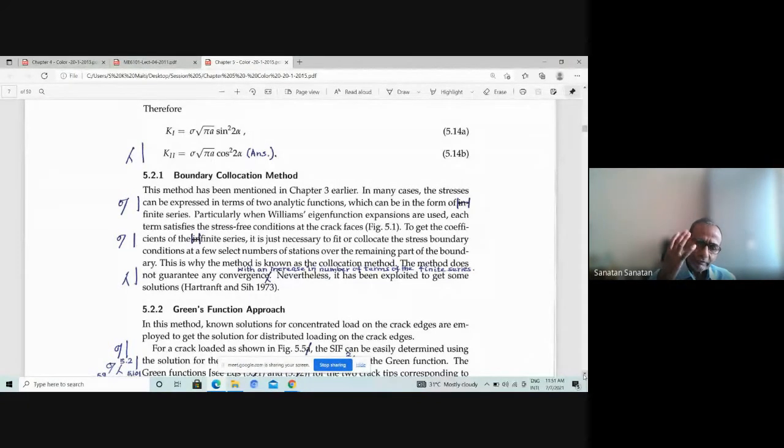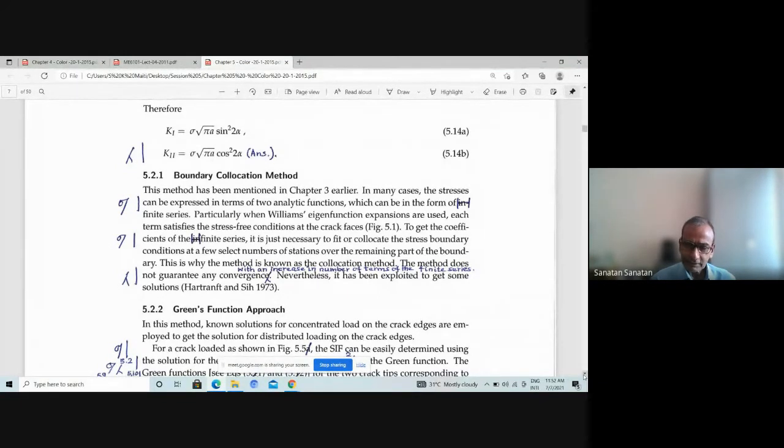So you get that expansion and then use the value of the normal and shear stress and write the simultaneous equations to evaluate the arbitrary constants. So first you get the stresses in terms of those arbitrary constants, evaluate the constants, then come back to determination of the stress intensity factor, which will be given by the coefficients associated with the z to the power minus half component.